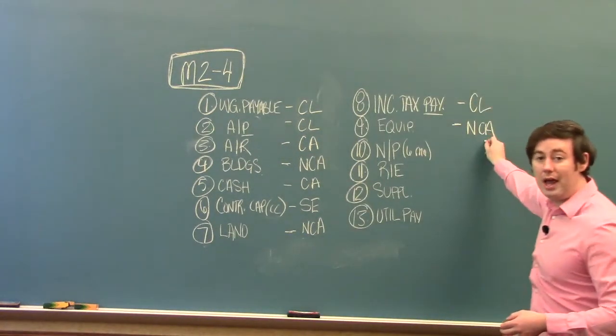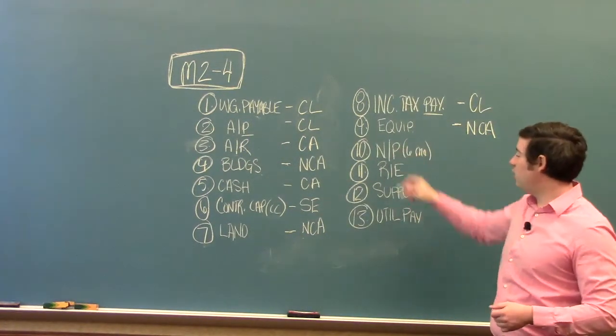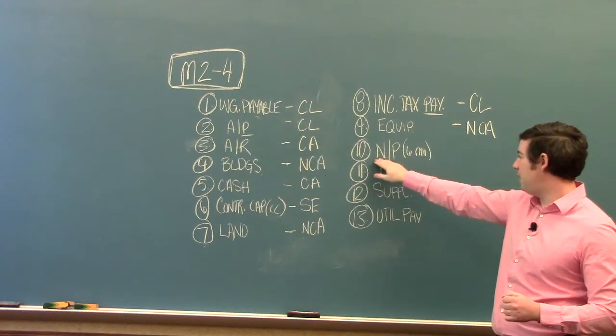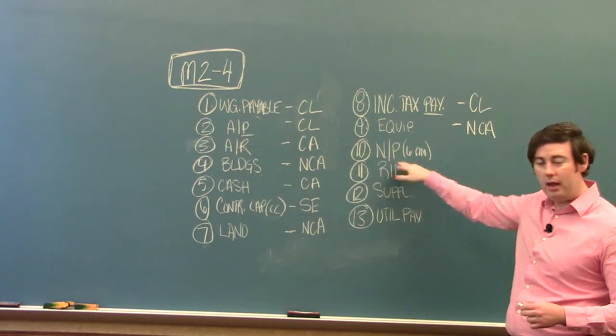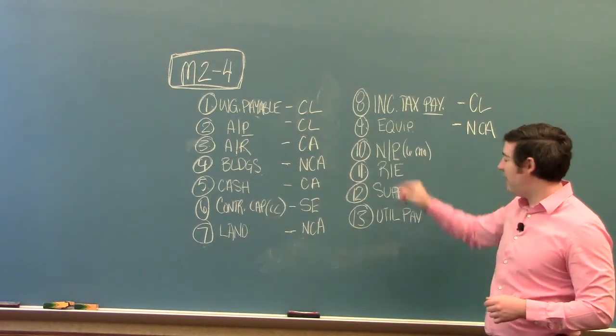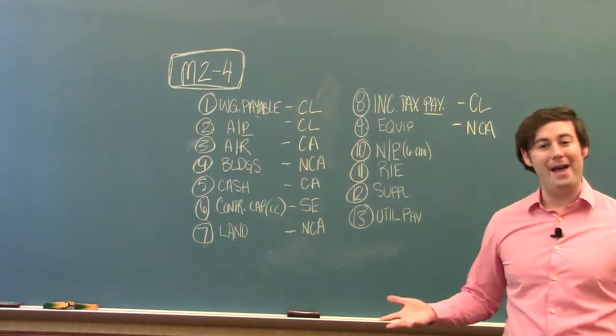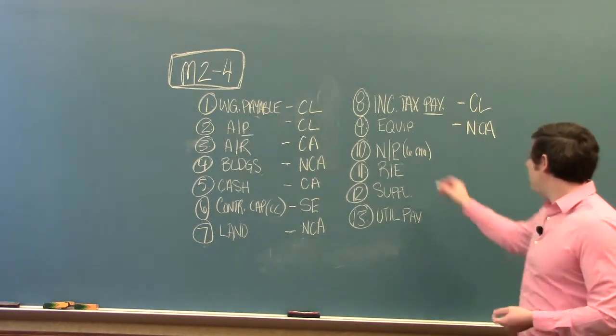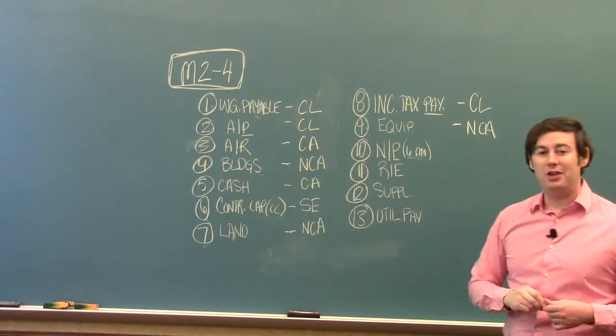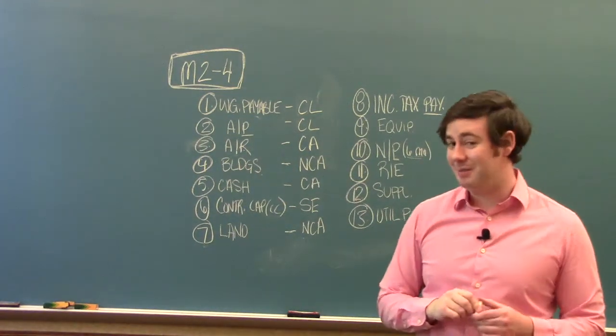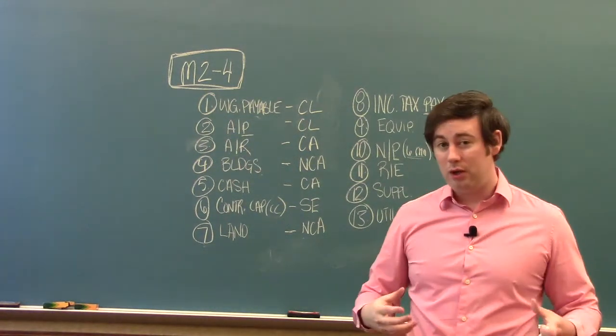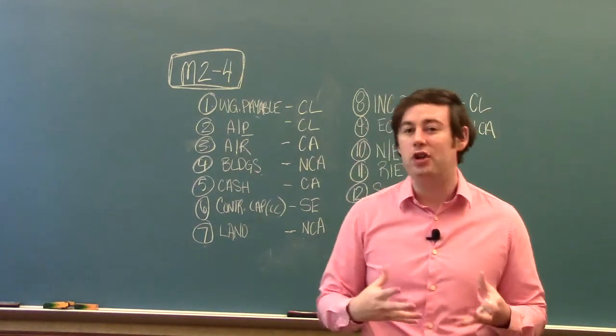Next one is notes payable. Notice I've abbreviated notes payable N/P. Okay? Anytime, like I said, it has that payable after it, you know it's going to be a what? A liability. Notice they give you a description of this. They tell you that this notes payable is due within 6 months. So this note is like a contract that you sign.